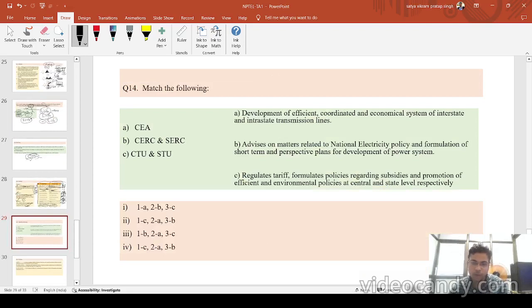Go to question 14. This is also very important from a management point of view. You have to see which authority is important for which type of work in your present conventional power system or your smart grid. Please answer this question.